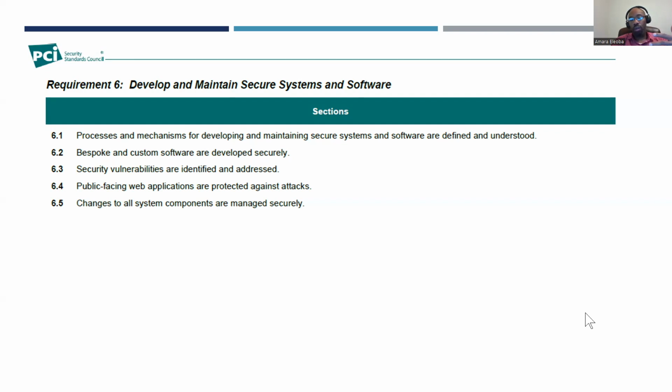Because not only PCI, but any other compliance framework wants to make sure that whenever a change is made to your organization, to a software, or to your environment, it is tracked properly and the changes were approved by the right people. You don't want someone coming into an environment and making changes without the right authorization. So if you cannot prove that, you're going to fail 6.5.